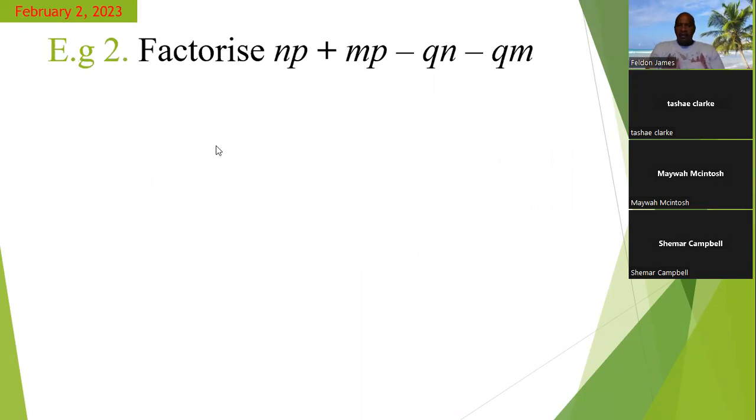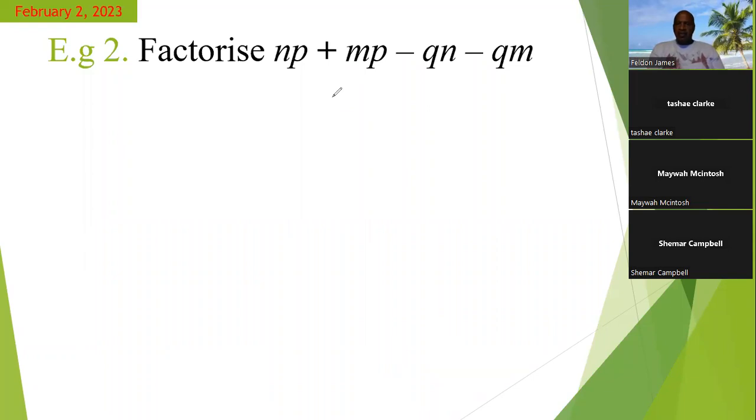So here we have now a second example. And so let me just quickly go through this one with you. And so in a similar way, we're going to look at the pairs that we have. Now, there are times when the arrangement of these pairs may not necessarily be adequate enough for you to identify a common factor.